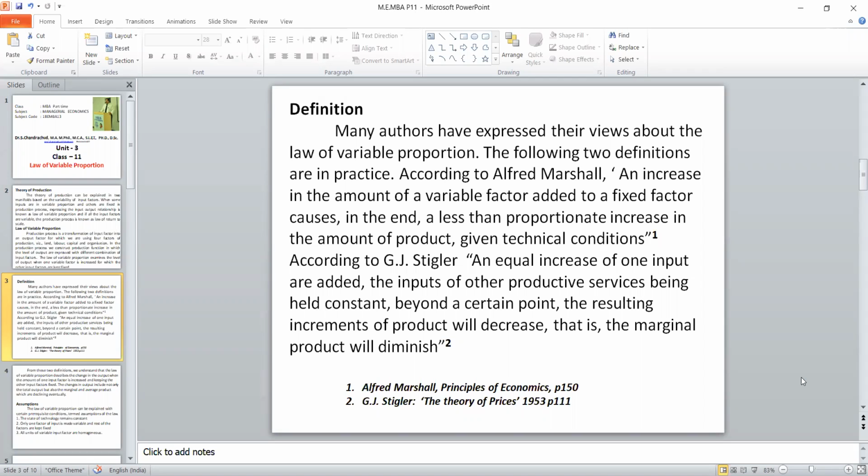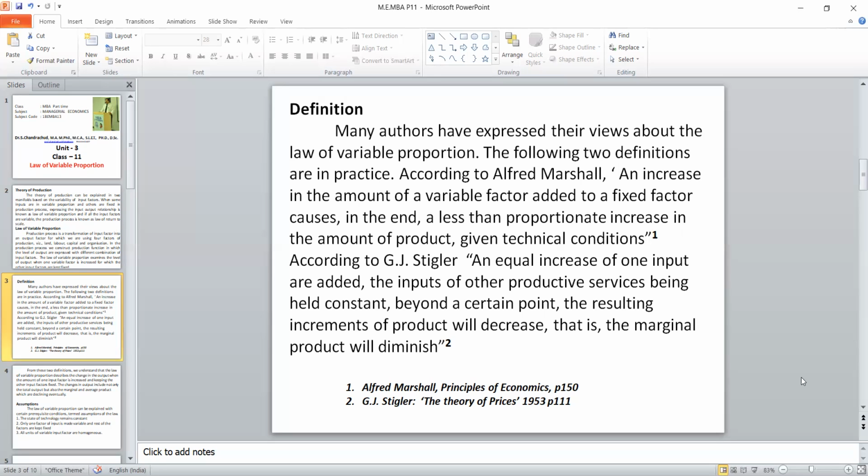We will go to the second definition. An equal increase of one input added, the input of the other productive services being held constant, that is keeping one input as a variable and keeping the other input as a constant, beyond certain point, that is not initially, in certain point the resulting increment of the product will decrease, that is the marginal product will diminish.